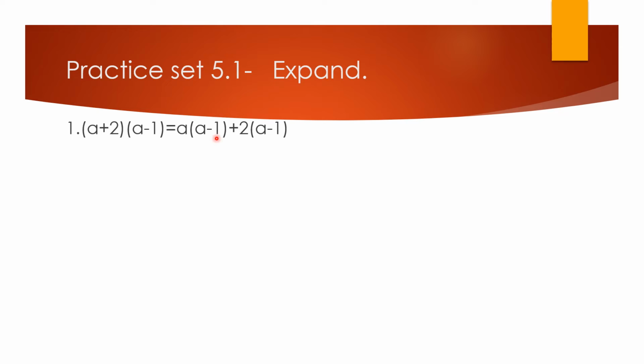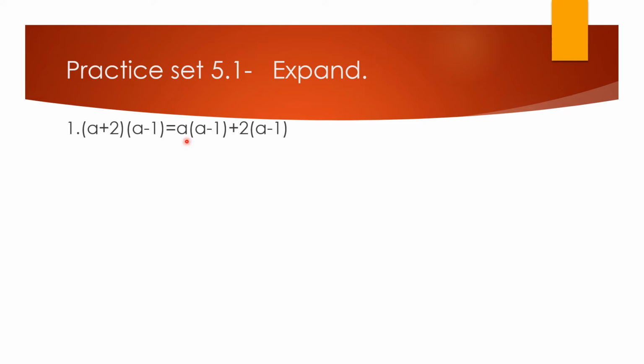Now practice set 5.1. This practice set is based on the expansion of these two binomial terms. Expand. Example number 1, (a + 2)(a − 1). Now we have to expand these two brackets by multiplying them with each other.